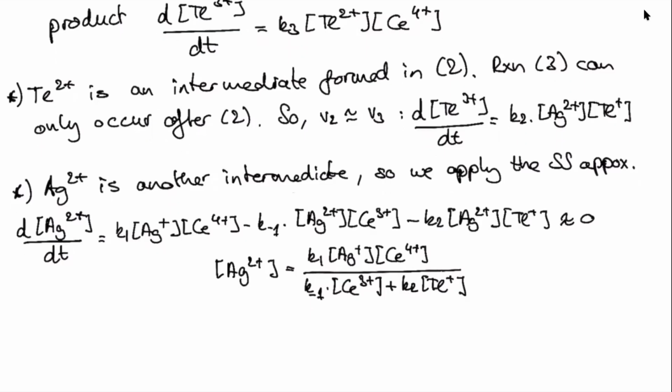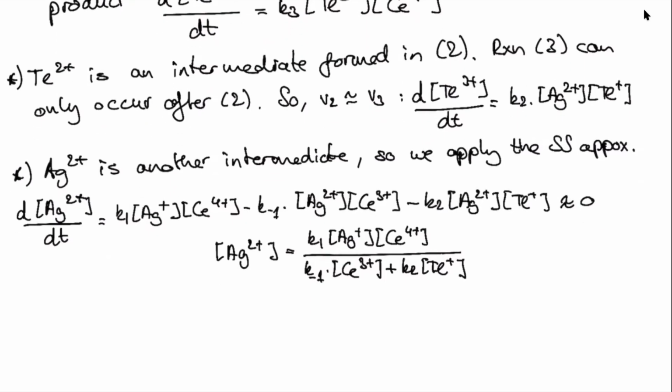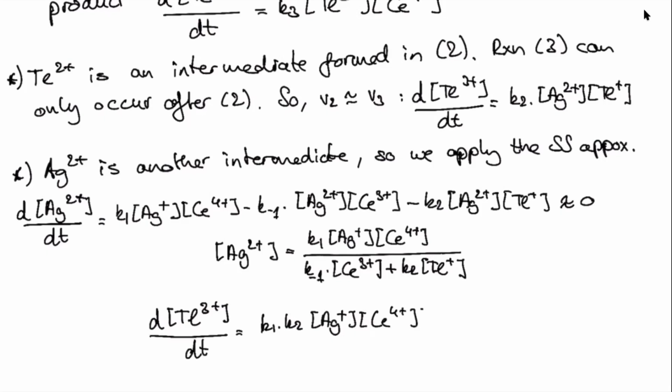Okay. So if we fill that out in the original rate we got from the previous step, then we get K1 times K2 Ag plus Ce4 plus Tl plus over K minus 1 times Ce3 plus plus K2 Tl plus.